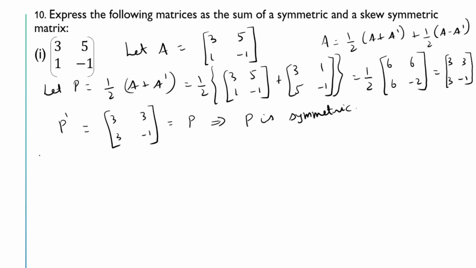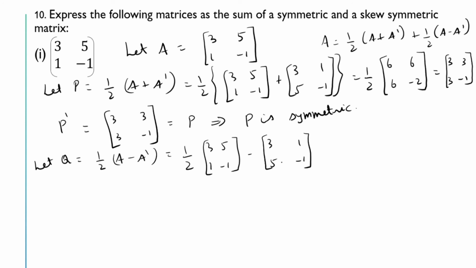Now let Q be equal to half of A minus A transpose. So this is equal to half of 3, 5, 1, minus 1 minus A transpose. So this is equal to half of 0, 4, minus 4 and 0.